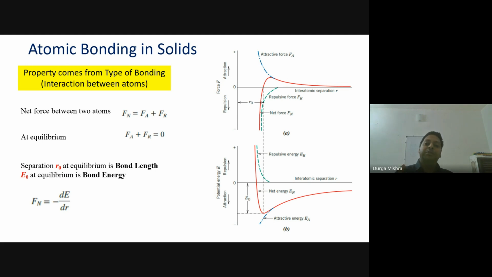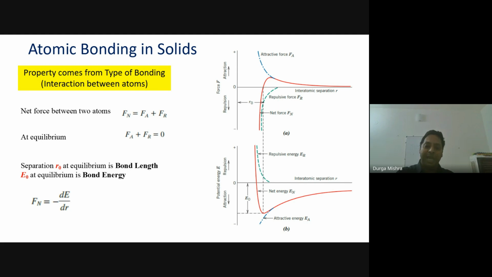From this force, you can also calculate the energy. The energy we are talking about is the potential energy. You can easily derive it, since this net force is nothing but minus dE by dr, where E is the potential energy and r is the distance between the atoms.